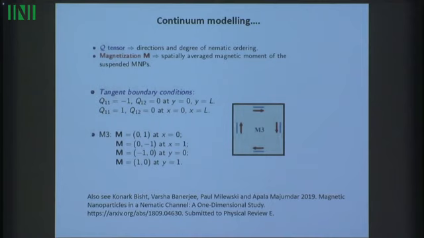And regarding the magnetization vector, we are assuming that it follows the nematic molecules, which is reasonable because a lot of the literature does focus on the regime where the magnetic nanoparticles like to line up with the nematic molecules. So it's reasonable to assume that on the boundaries, the magnetization vector is going to follow the nematic alignment, and therefore at a mathematical level, we have a Dirichlet boundary value problem for both the Q-tensor and the magnetization vector M on a square domain.